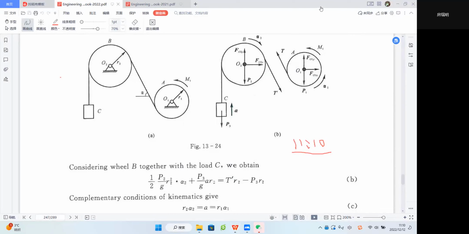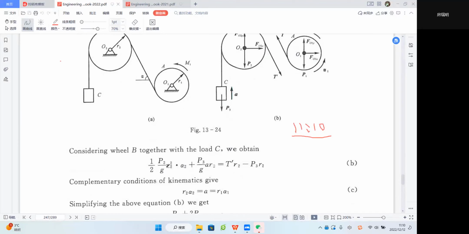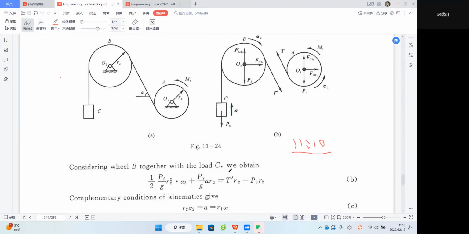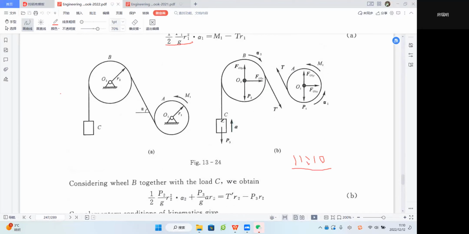Okay, guys, our time is up. Let's continue. So I left a question to help you think about why this equation is true. Actually, we select this load and this wheel cylinder B to be a whole system to be investigated.